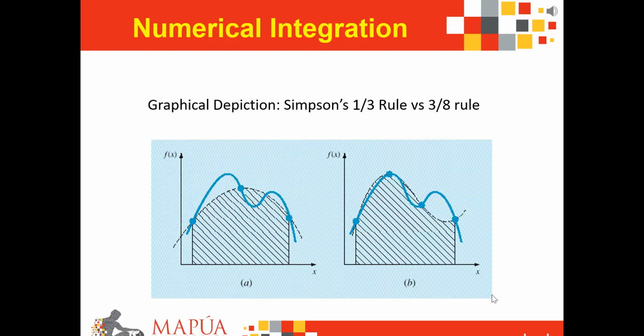Therefore, you require 3 points on your respective function. Whereas for a particular Simpson's 3-8 rule as seen on the right-hand side, you need to subdivide your respective limit a to b into 3 equal segments to generate 4 distinct points in order to fit that onto a cubic polynomial function and estimate the area under this cubic function.